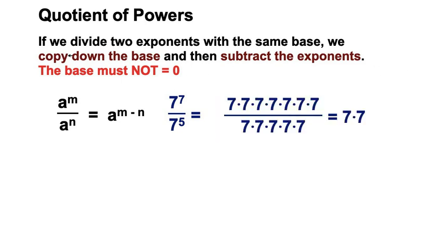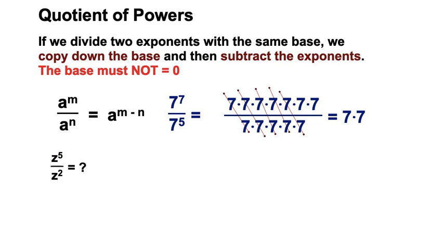And it just makes sense, doesn't it? Because I've got all these 7s, and these divide out. 7 divided by 7 is 1, and I can just divide out all these 7s. And what am I left with? I'm left with 2 7s in the numerator. So there, just by expanding, we can see that.